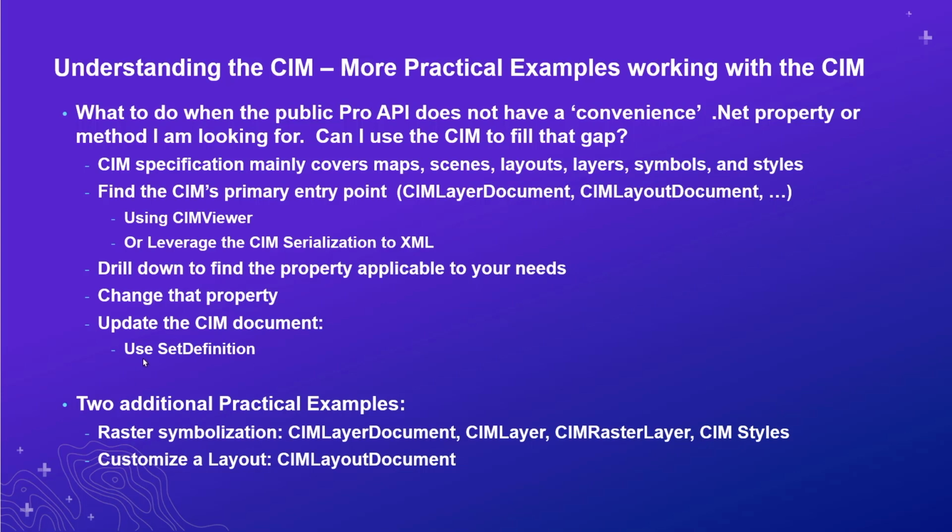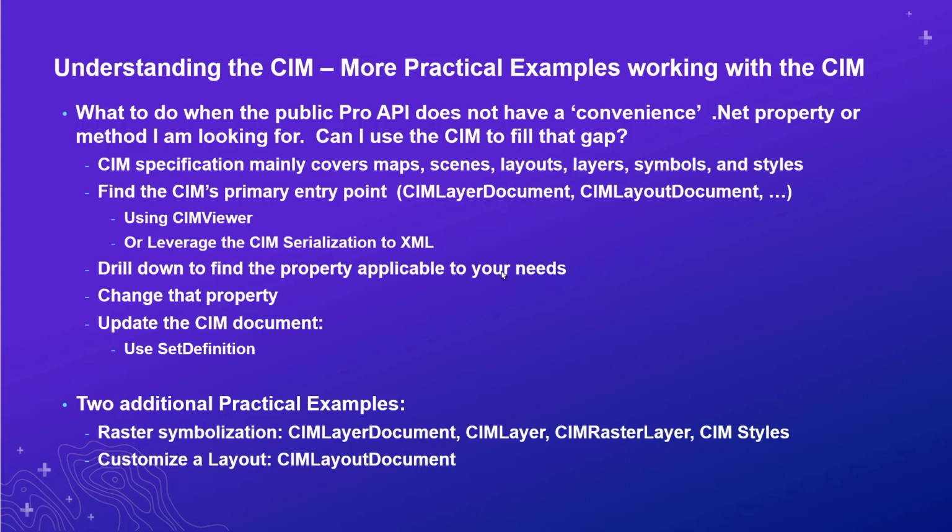So next I have to find the sim's primary entry point, sim layer document or sim layout document, and then I can use the sim viewer, or I could leverage the sim serialization to XML in my code to look at the sim XML directly.